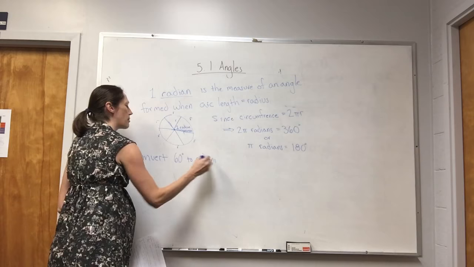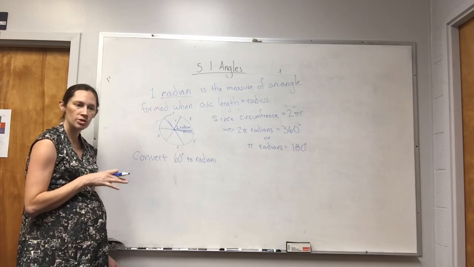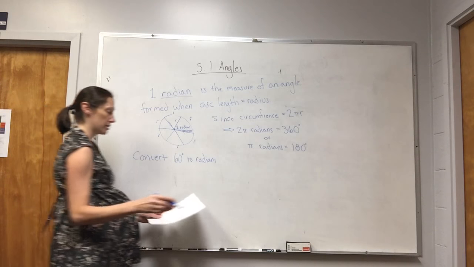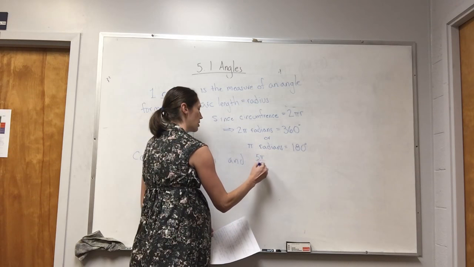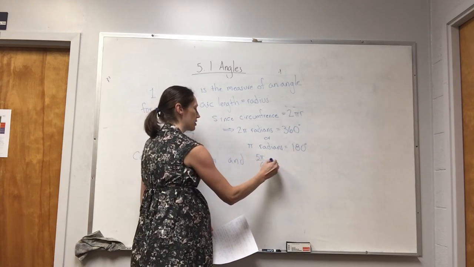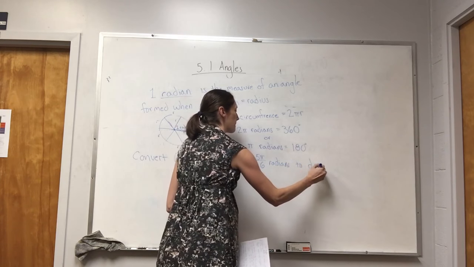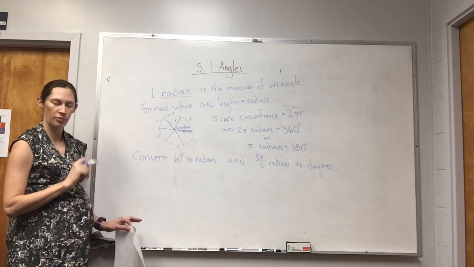Okay, if you have this memorized, maybe from a previous trig class, make sure you still understand how to do this conversion in case the one on the test is not one you have memorized. And make sure you can go the reverse direction. Convert 5 pi over 6 radians to degrees. So 2 problems in one here.